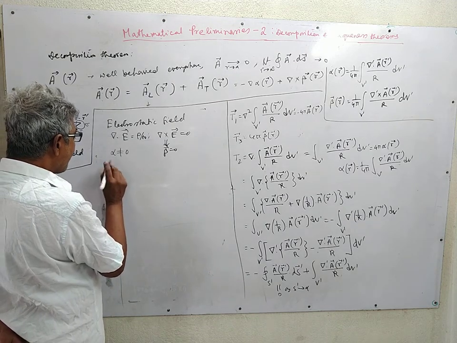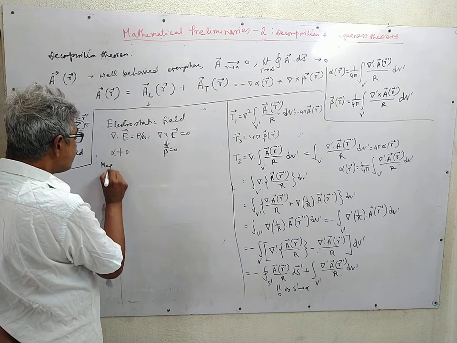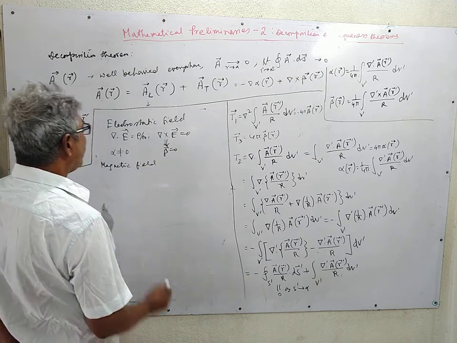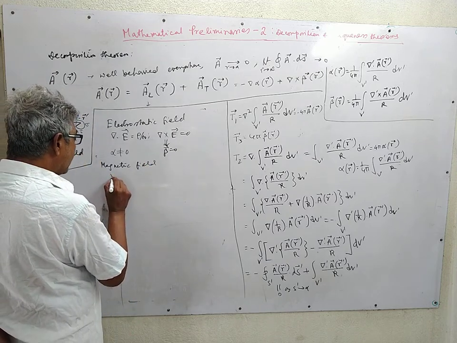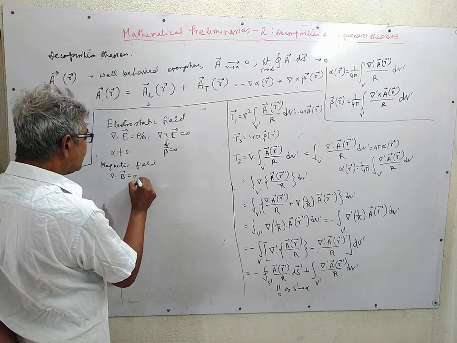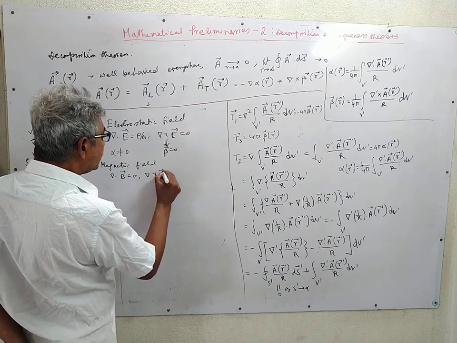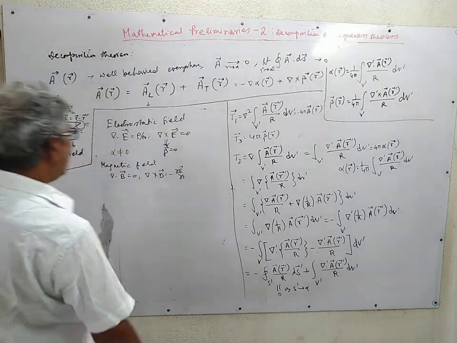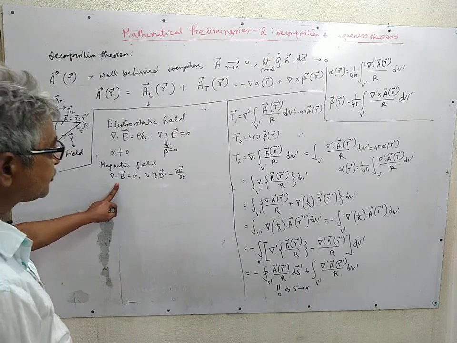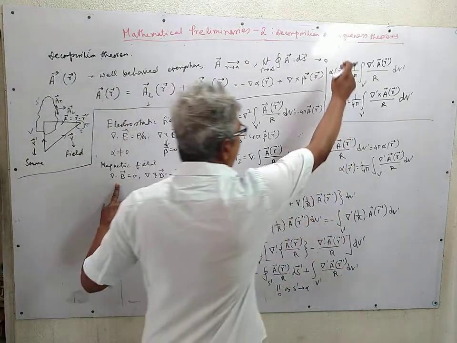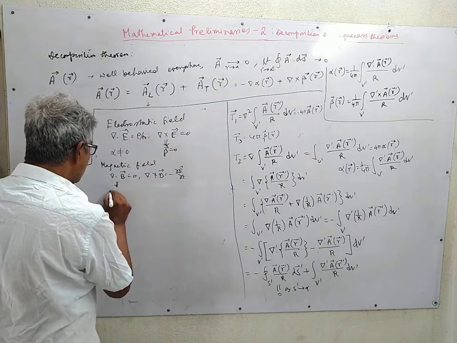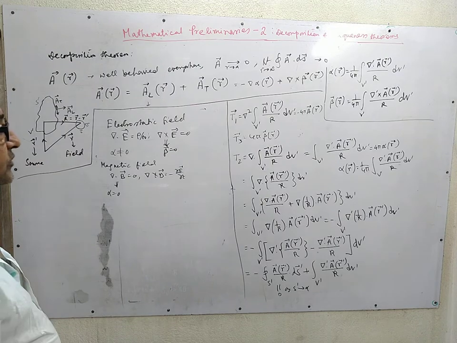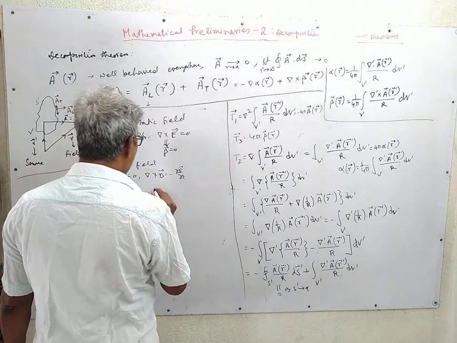Magnetostatic field. Magnetic field is characterized by the fact that divergence B is equal to 0 and curl B is equal to minus del E del T. So since divergence B is 0, the scalar potential is 0. So there is no magnetic scalar potential in general.